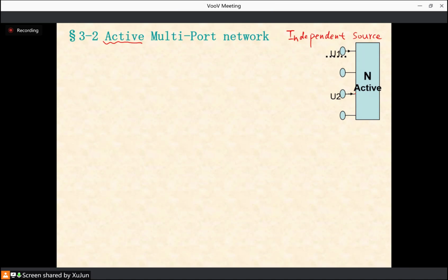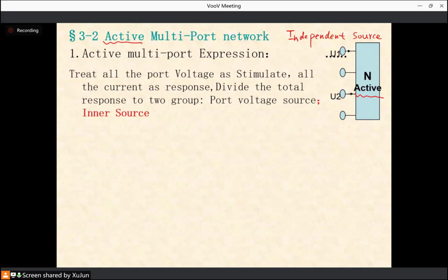The network active in here means the source inside. Treat all the port voltage as stimulus and all the current as response. We can divide the total response into two groups: the port voltage source and the inner source.